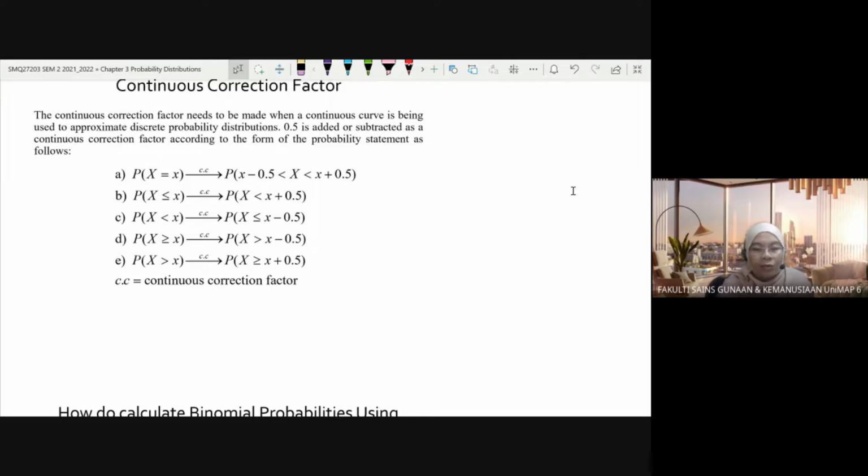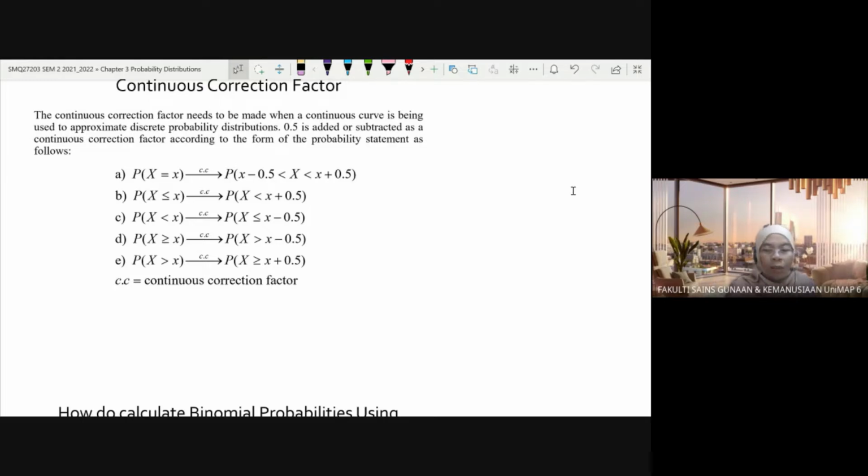Why is this so? It is because of what I mentioned before, going from discrete to continuous. We are going to involve the correction factor in each solution we do for the normal approximation to the binomial.